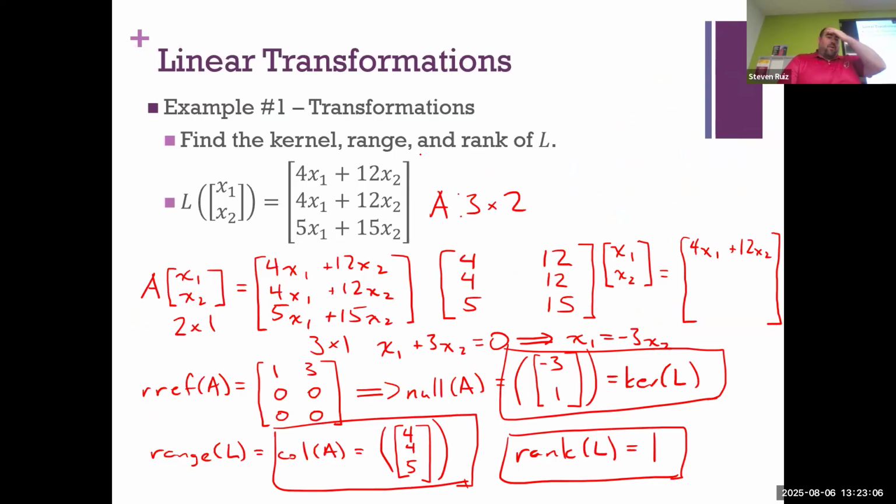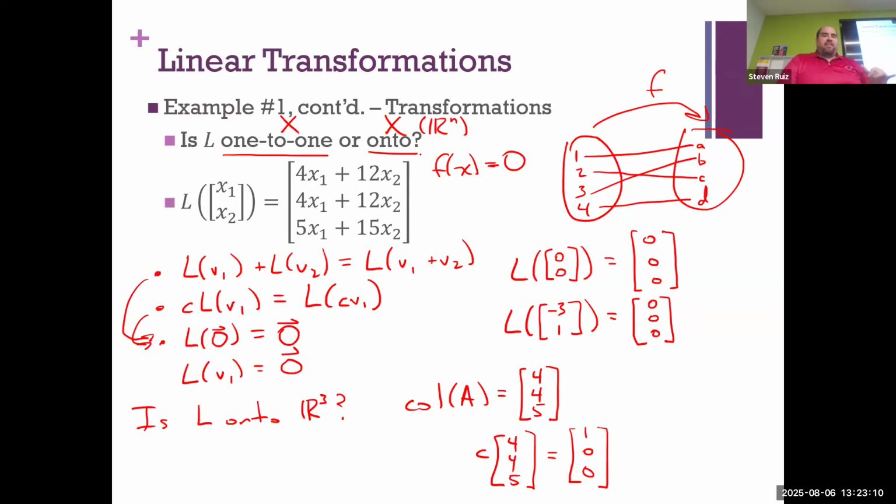The column space can give you the rank. And from those ideas, we can answer those yes or no questions. Do we have a 1-to-1 transformation? Do we have an onto transformation? Any questions about any of that? Okay.